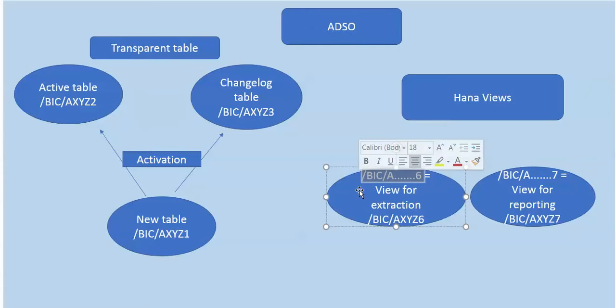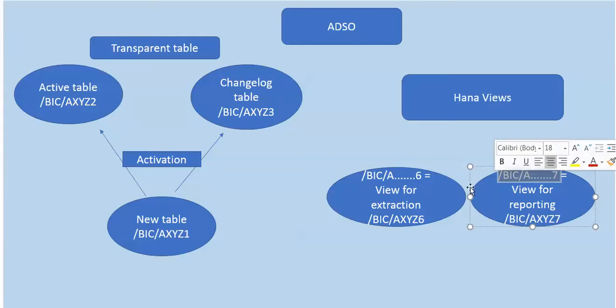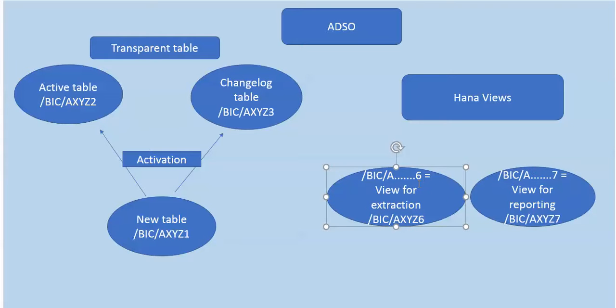Why so? Because it is proven in HANA that if you use a view, loading or real-time data access will be faster than with the active table. So if you are using any ADSO as a source in your HANA modeling, you should better use view 6, or you can use 7 as well, because it has similar features: 6 is used for extraction and 7 for reporting.